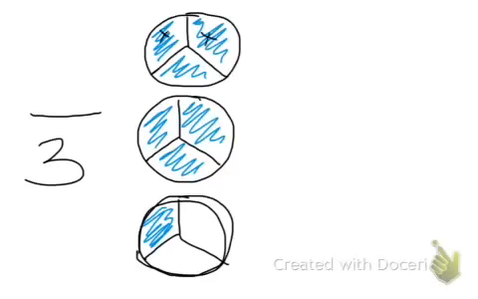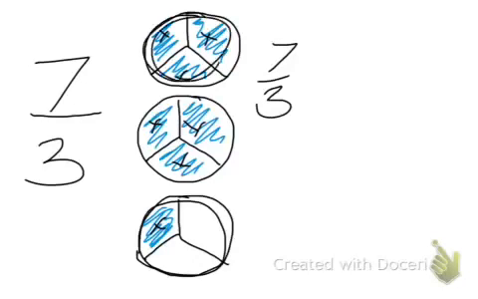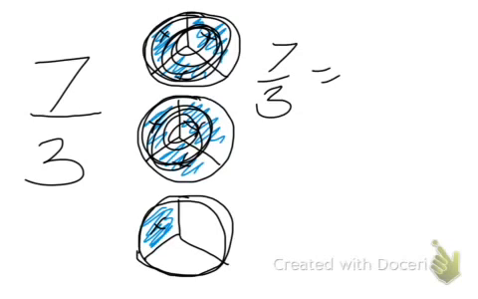We have 1, 2, 3, 4, 5, 6, and 7. So 7/3 is equal to 2 wholes taken out, and then we're left with 1/3.